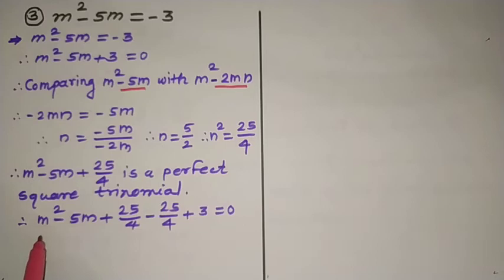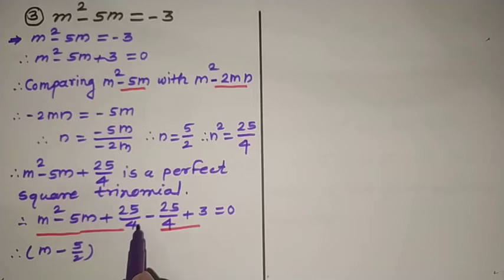Write the first three terms in square form and the second two terms in square form. Take the square root of m square, the sign of the middle term, and the square root of the third term: 5 upon 2, since the square root of 25 is 5 and the square root of 4 is 2. So (m minus 5/2) whole square minus 25/4 plus 3 is equal to 0.